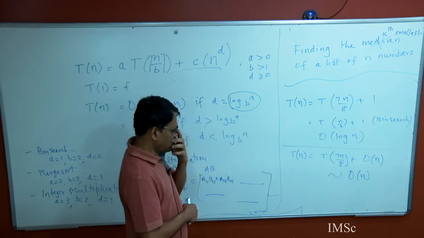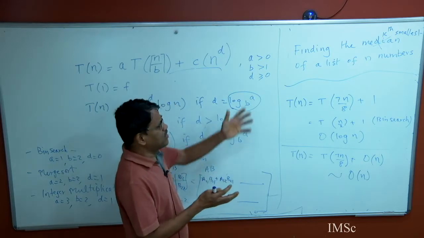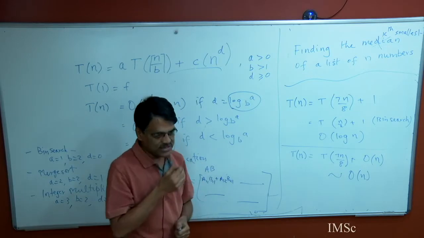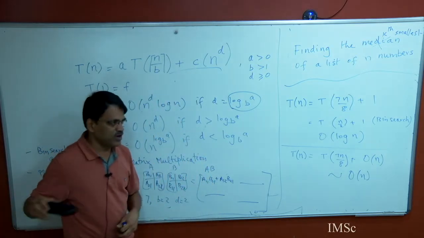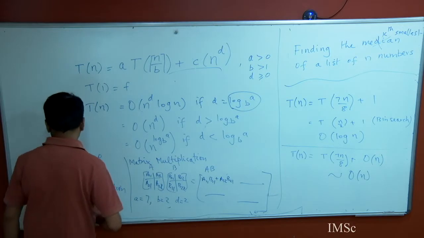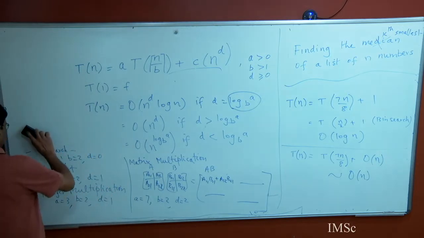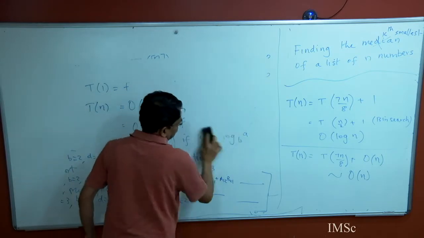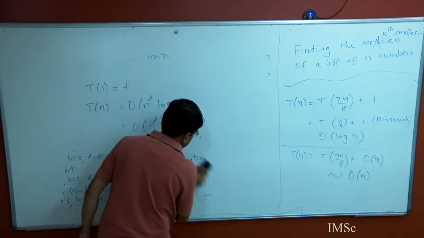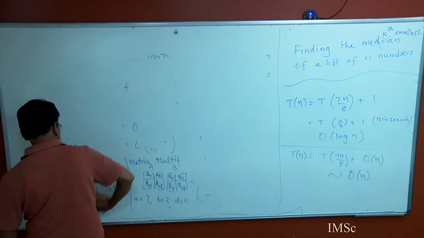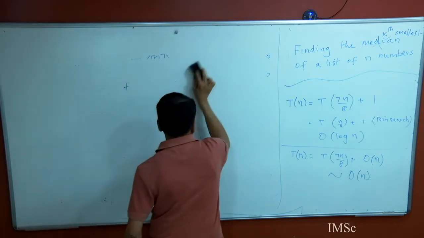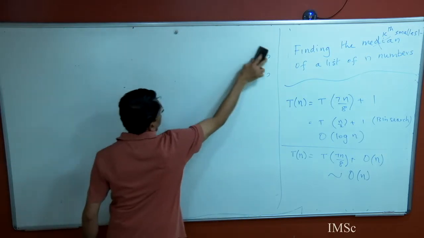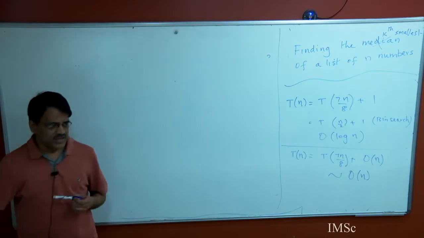So how do I even get to throw away elements if I am looking for the kth smallest element? What makes me throw away elements? So here is a strategy.